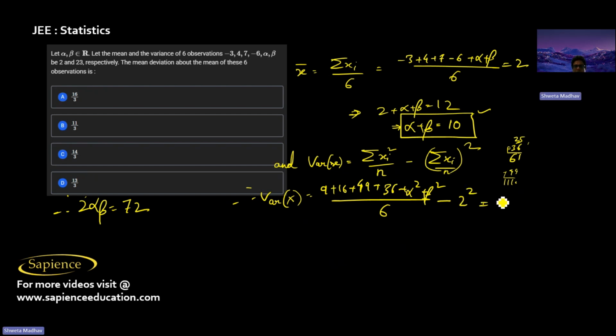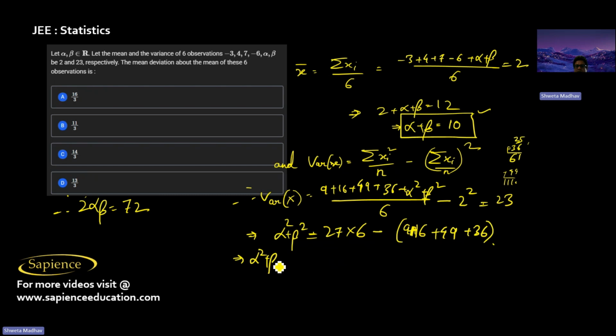So that is equal to 23. Therefore alpha square plus beta square, that will be equal to 23 plus 4, that is 27 into 6 minus of 9 plus 16 plus 49 plus 36.